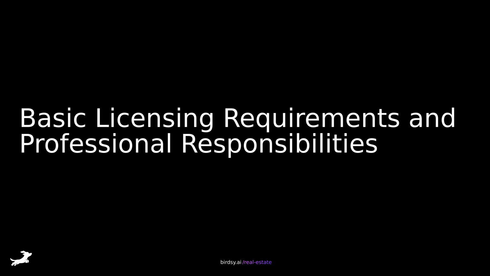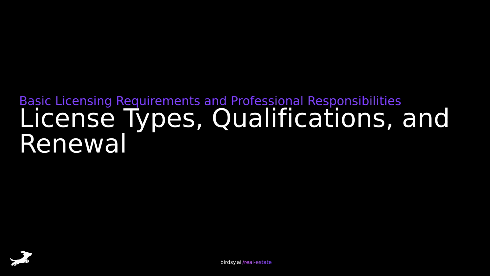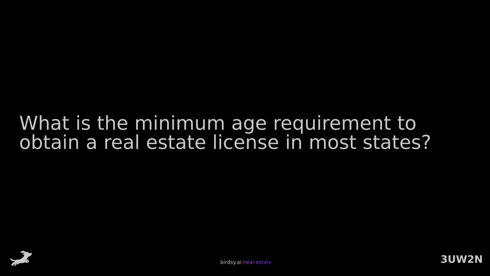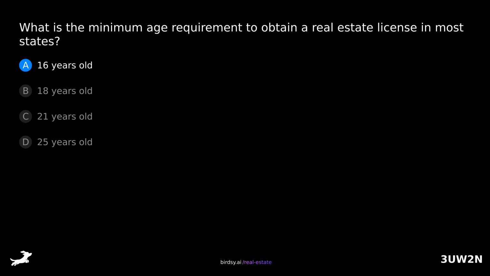Basic licensing requirements and professional responsibilities. License types, qualifications, and renewal. What is the minimum age requirement to obtain a real estate license in most states? Is it A, 16 years old, B, 18 years old, C, 21 years old, or D, 25 years old?